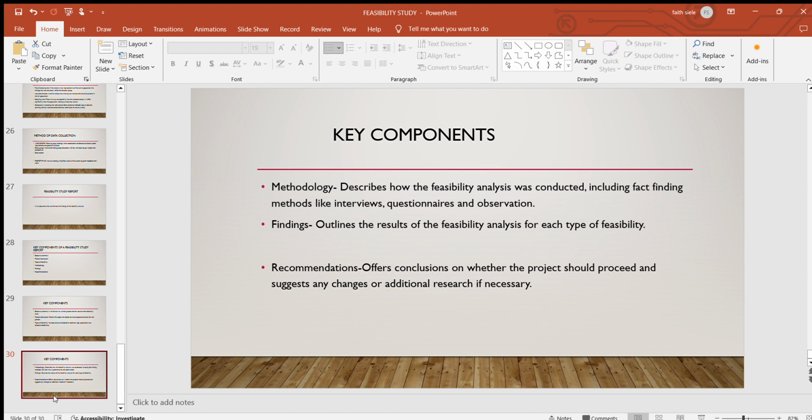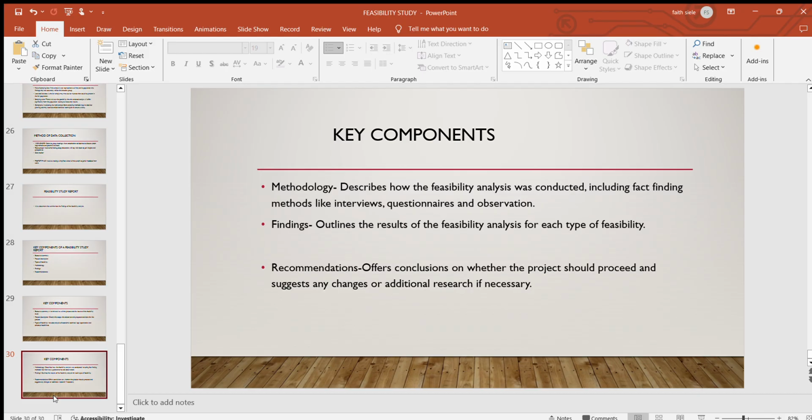Number 4, we talked about methodology, whereby we mentioned that it describes how the feasibility analysis was conducted, and it includes fact-finding methods which were used, like interviews, questionnaires, and observation, all those methods which are used to collect data.